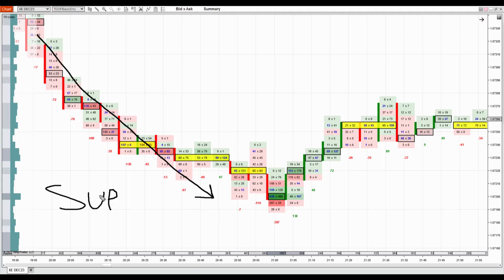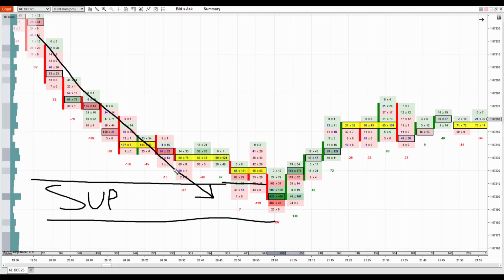Could be support based on volume profile. It doesn't really matter, but let's say that the price hit a support zone, right? This is the support zone. What happened here was that in this support zone, huge volumes appeared on a bid. This is the context I'm talking about.